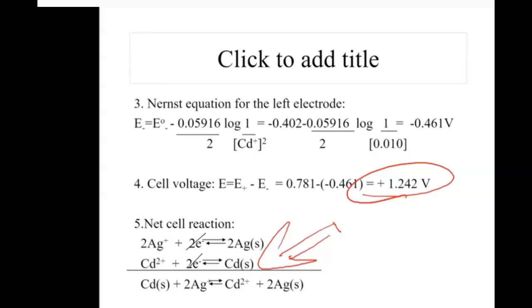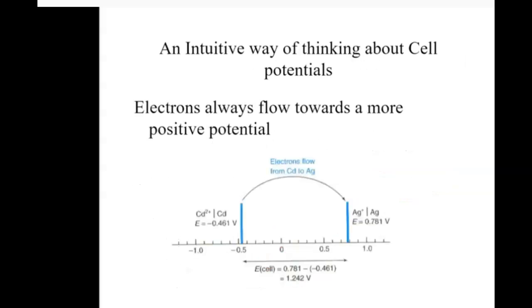That's all that there is to it. This actually is material that we basically covered even in general chemistry. But just to review it, because we need to keep reminding ourselves about how it's done. So let's go ahead and look at the intuitive way of thinking of the cell potentials. In this one, of course, electrons always flow from the more negative terminal to the more positive terminal.